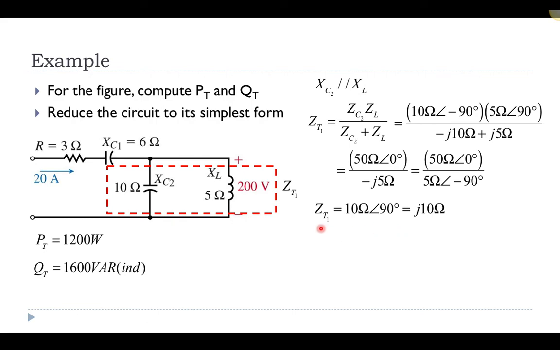So when I solve for the total impedance, 50 divided by 5 is 10, and when I subtract the angles here, I get 90. Of course, this means that the total equivalent impedance of these two components connected together is basically equivalent to a single inductor that has an inductive reactance of 10 ohms.